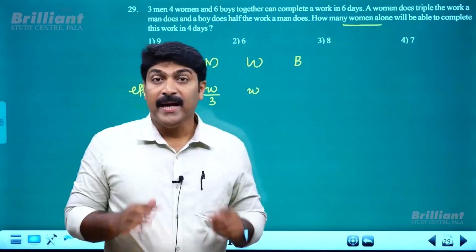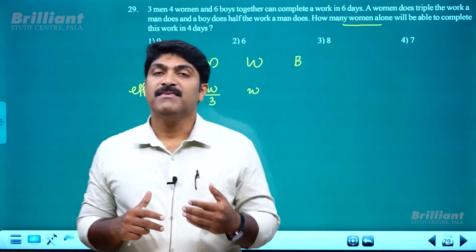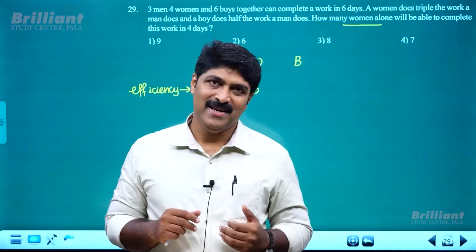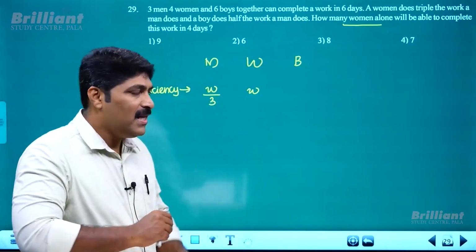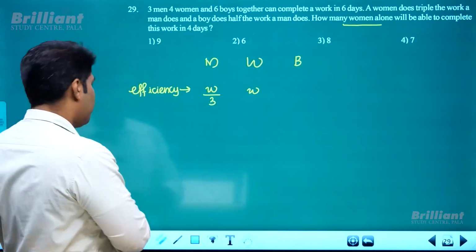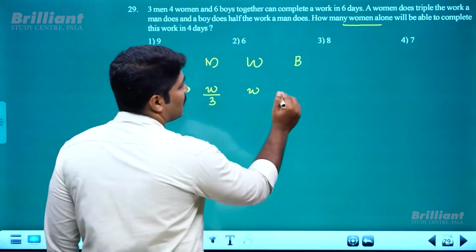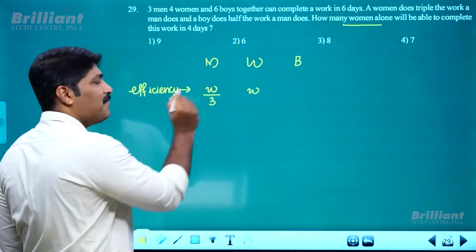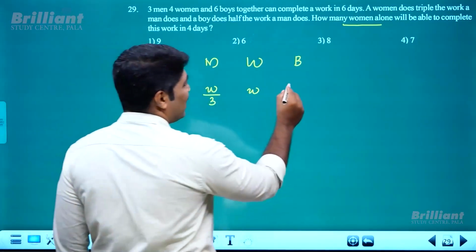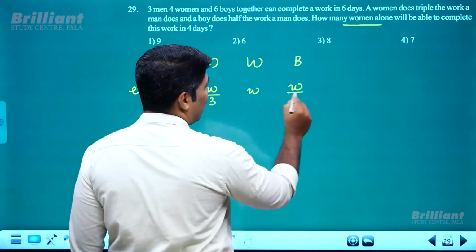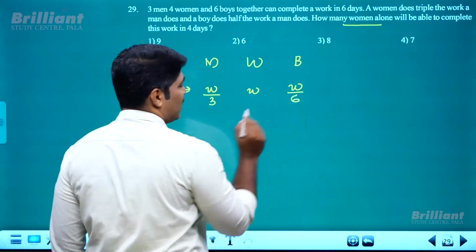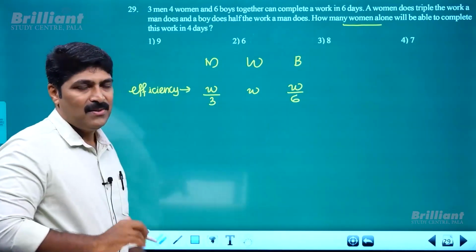So the boy's efficiency is half the efficiency of a man, exactly half of this value, that is W by 6. Got it? So these are the efficiencies.